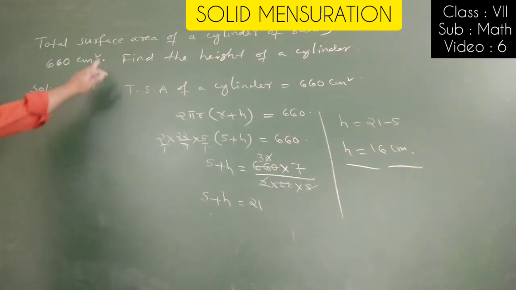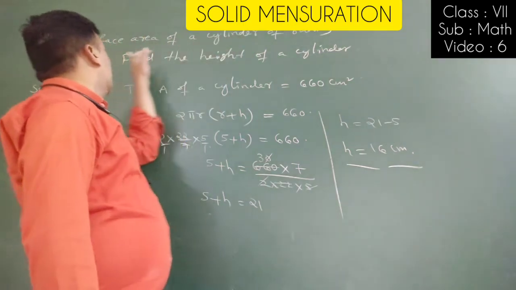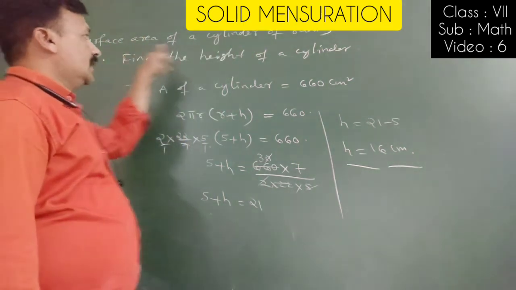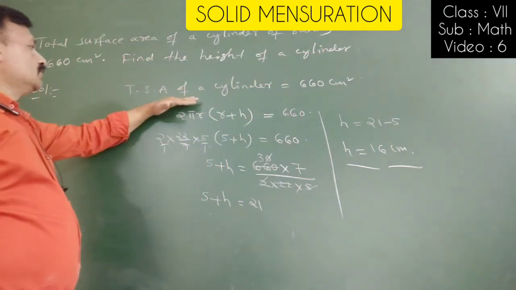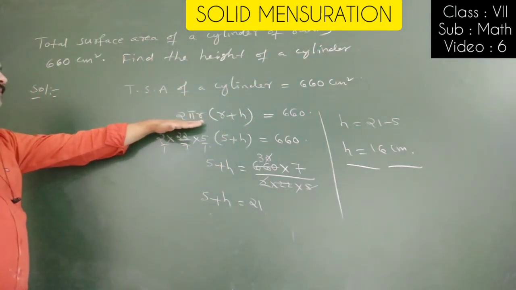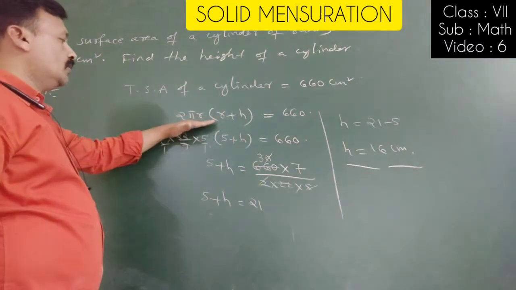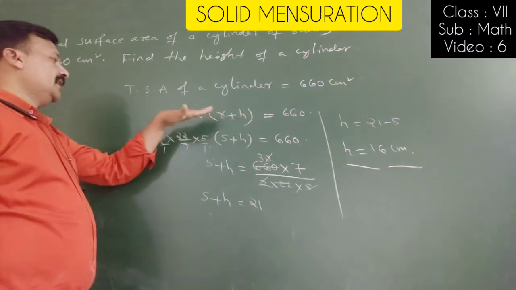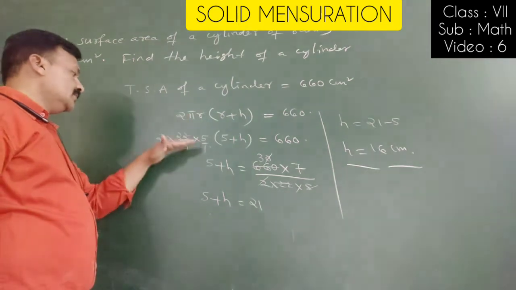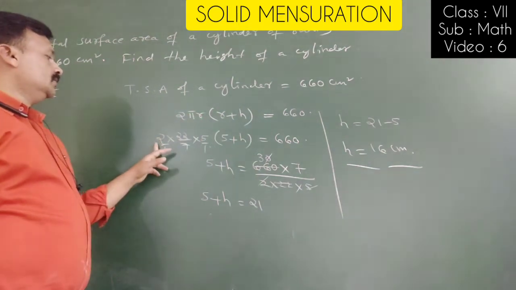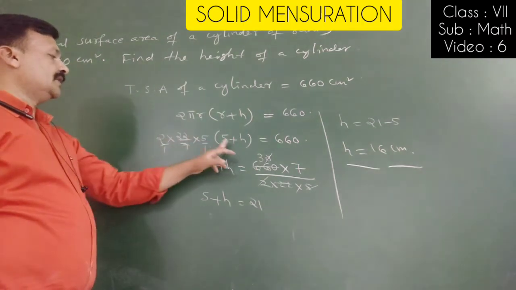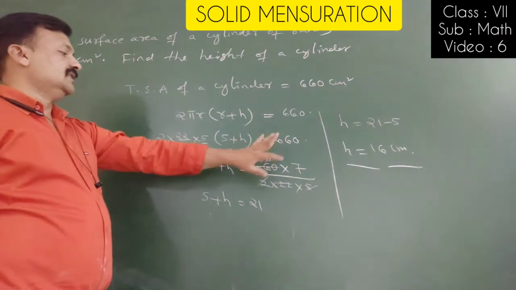Here, total surface area of a cylinder is given as 660, and the radius of the cylinder is 5 centimeters. We have one formula for finding total surface area, that is 2 pi r (r plus h). In this, r we know, we need to find h. For finding h, first we need to substitute the known ones, that is r equal to 5. So 22 by 7 into 2 into 5 into (5 plus h) equals 660.